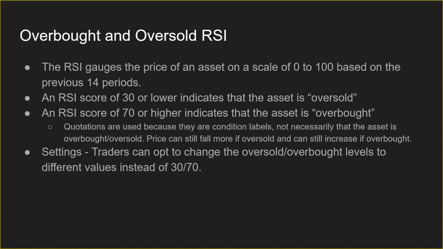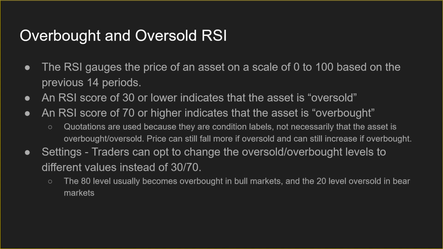Now, these settings can be changed. Traders can opt to change the overbought or oversold levels to different values instead of 30 or 70. Some people switch to 80 and 20, where the 80 level becomes an overbought level in bull markets and the 20 level an oversold level in bear markets.